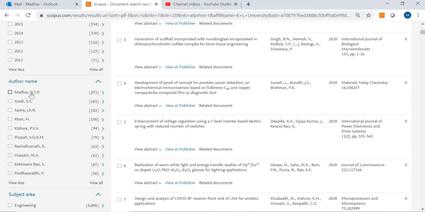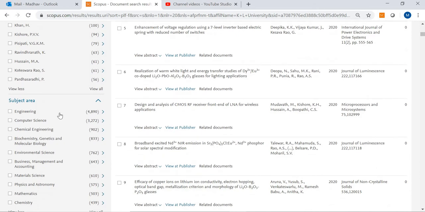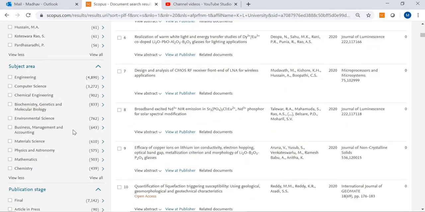Also you can see BTP Madhav, myself, having 271 publications, second Asadi, third JKR Sastri, fourth Dr. Khan. Like that you can see how many papers all the members produced from that institute. And under the engineering category how many papers are produced, under computer science how many, that statistics also you can see.